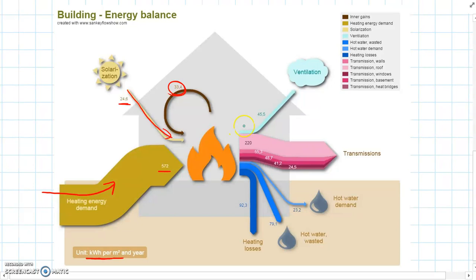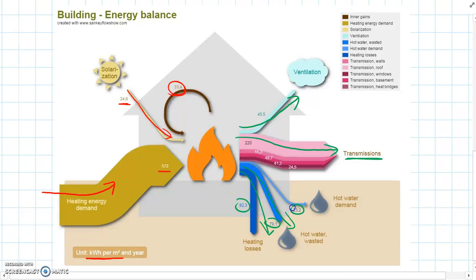And then all the heat that leaves the house, so ventilation, that means any heat coming out through open windows gets lost. All of these types of heat here, transmissions, that means heat that's lost coming through the walls or coming through the roof, or any other heat that goes through the ground or as hot water. That's all lost as well.